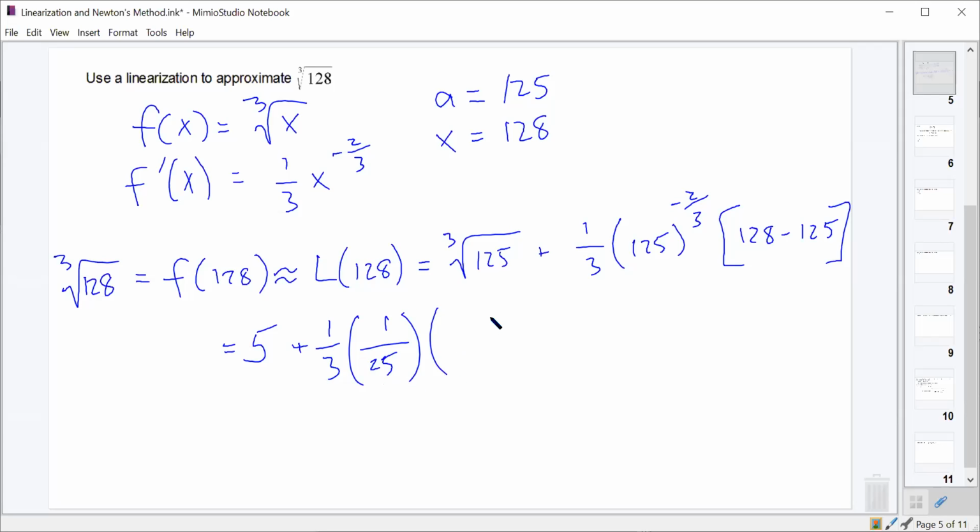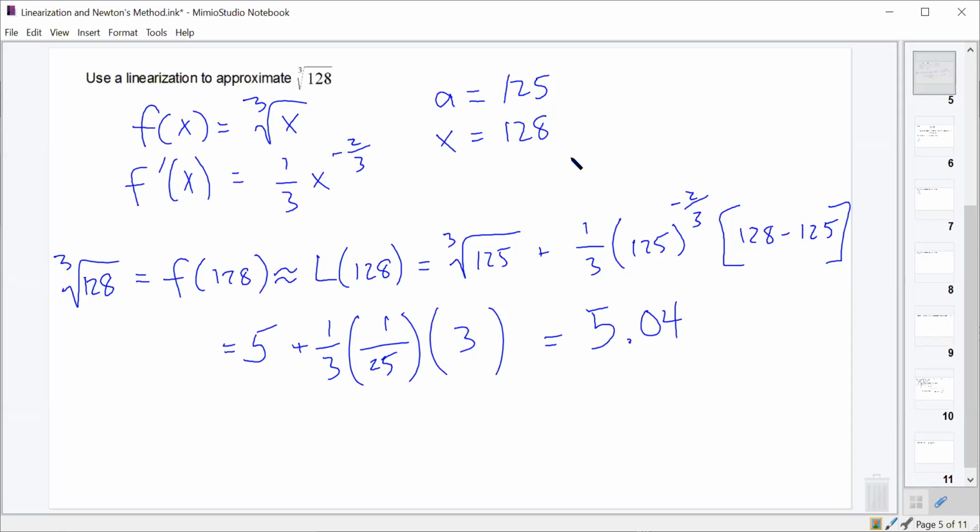And then times what? 3. 3 and our third will cancel out. 5 and 1/25. What's 5 and 1/25? If you want to write 1/25 as a decimal, it's 0.04. All right, so we got that the cube root of 128 is about 5.04.